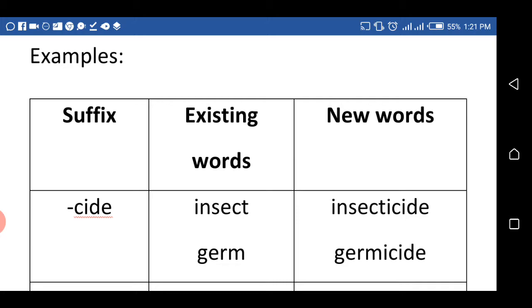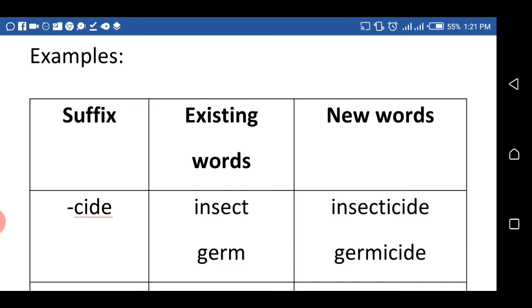So it means that here in suffix, the word to be attached has to be at the front, while the suffix is added at the end of the word.